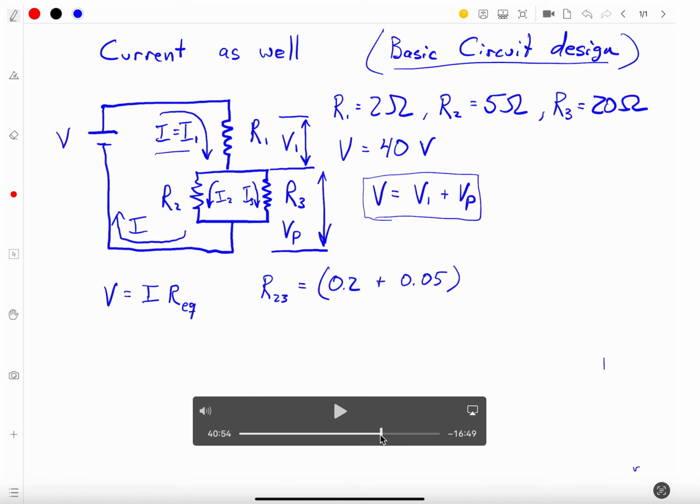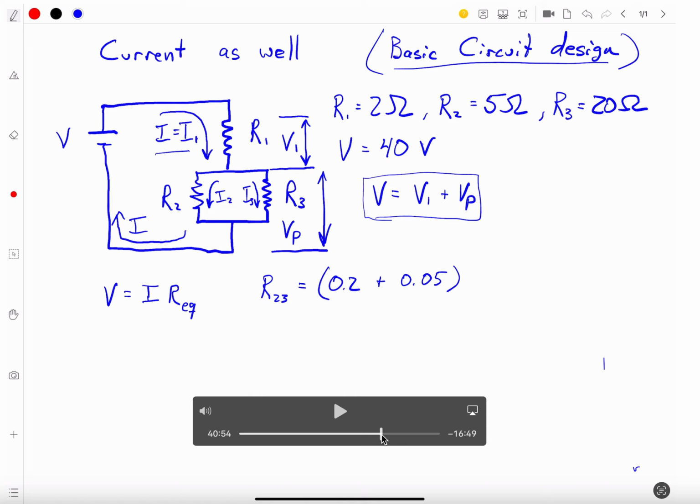So we have to figure out what the total equivalent resistance is. So we have to figure out what R23 is first, and they're in parallel. So we're going to do 1 over 5, which is 0.2. We're going to do 1 over 20, which is 0.05. And we're going to add those together.